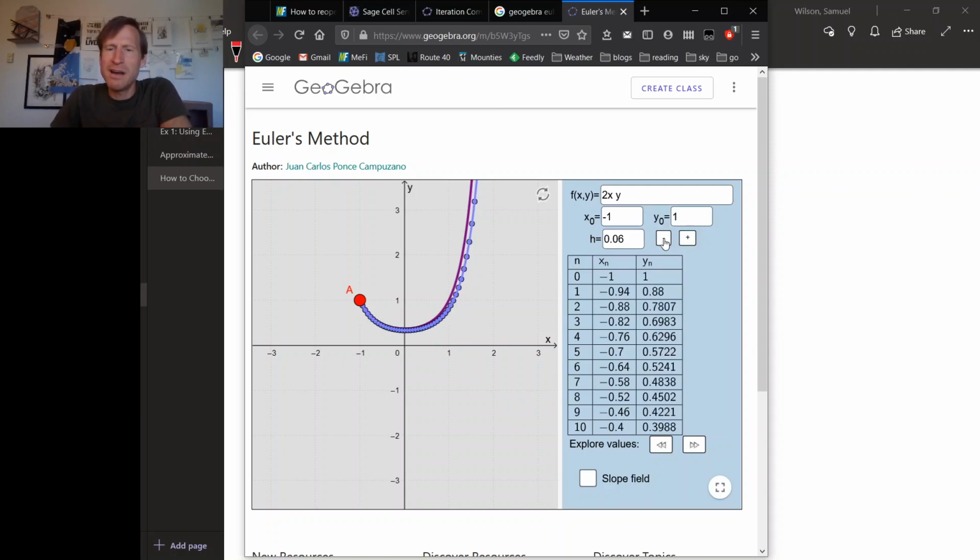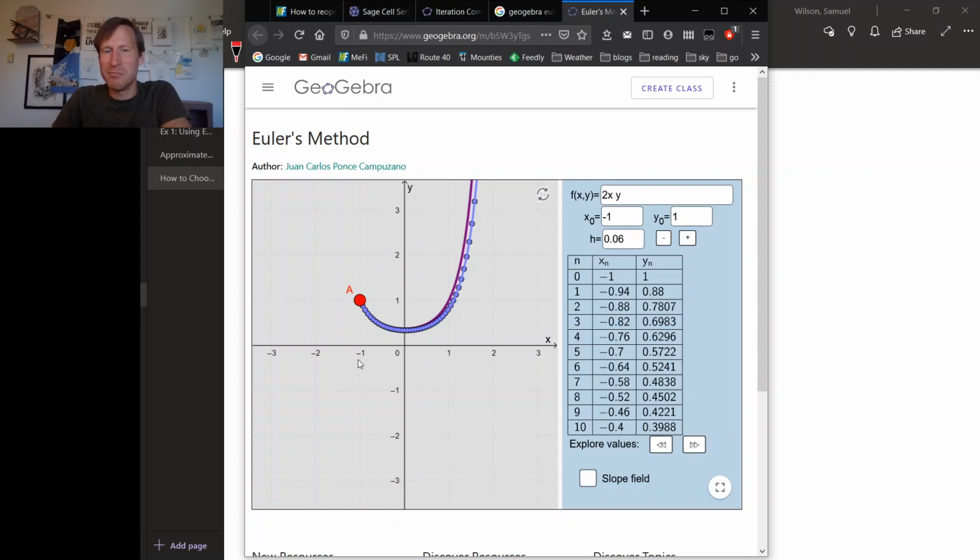Okay, but there's a cost to decreasing the step size like this. There are two things that are happening as we decrease the step size. One is the approximate solution gets better, but the other thing that happens is the approximate solution has a lot more points, right? Remember, you have to do one round of Euler's method for every step.